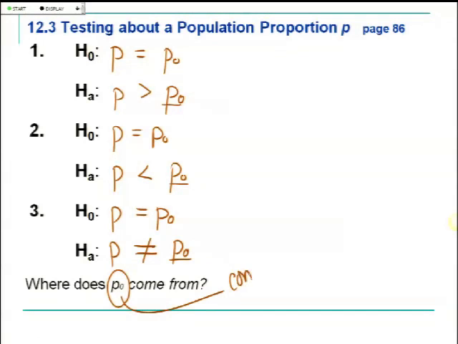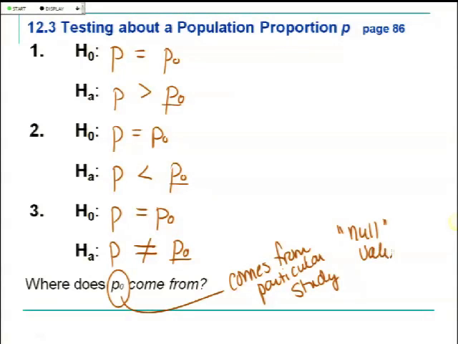It comes from the particular study, the particular scenario or situation. It'll be a number that's given in the problem. It's sometimes called the null value or the status quo value. We said that we're going to make our decision between the 2 theories by first pretending H0's true.